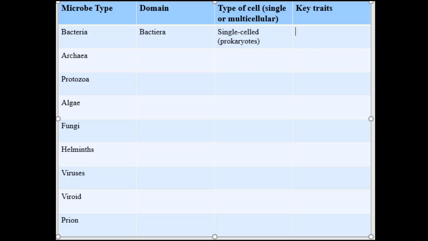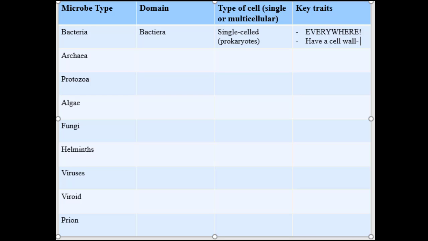Key traits about bacteria. Guess where we find bacteria? We find them everywhere. They're in your body, they're on your skin, they're in your refrigerator, they're on your doorknob, they're in the ocean, they're in the soil, they're in your dog's mouth, okay? They're everywhere. The other important thing we need to know about bacteria is they have a cell wall, and we're going to talk a lot about this cell wall in week 2.